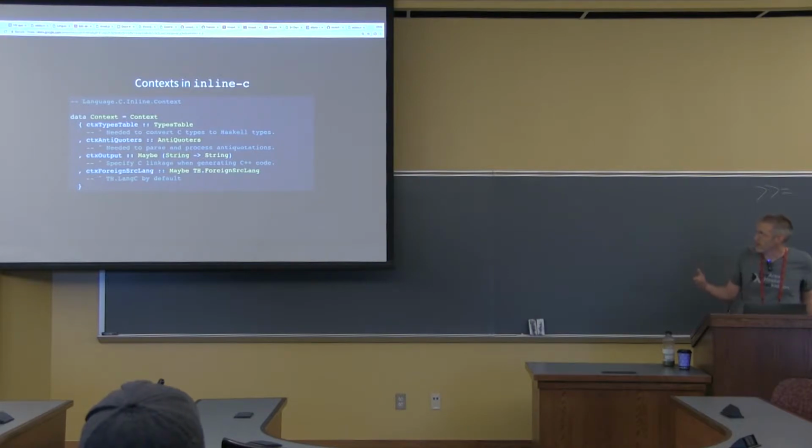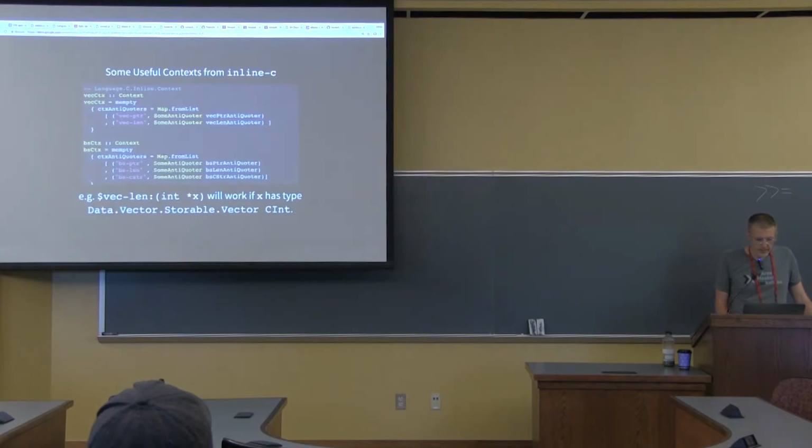So quite separately, inline C has its own context type, which is probably the most important type in the library, and is basically like a Rosetta Stone for your bindings. And mainly we're going to be concerned with the first 2 fields. So there's a types table, which is simply maintaining a one-to-one correspondence between C++ types and Haskell types, and then some anti-quoters.